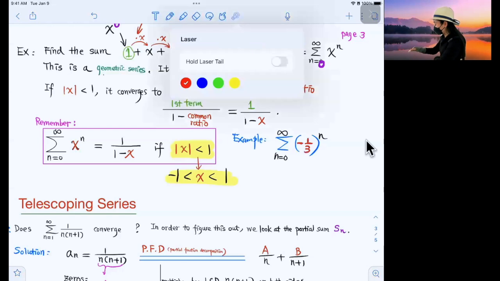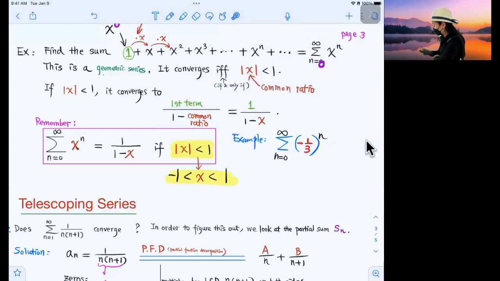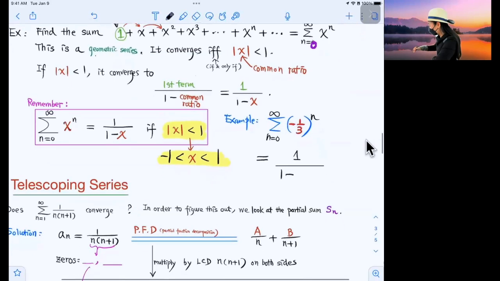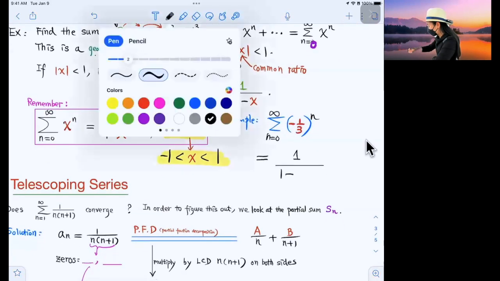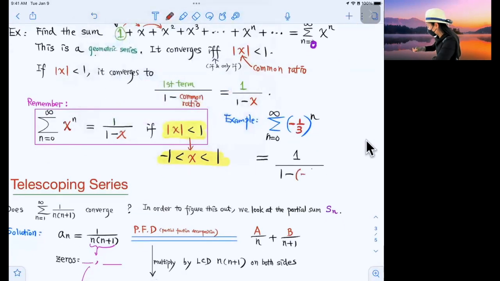So I replace this x over here by -1. The absolute value of that is less than 1. Does this one here converge or diverge? Converge, and what does it converge to? You got it. 1 over 1 minus -1, and then you can do the algebra for that. Okay, all right.